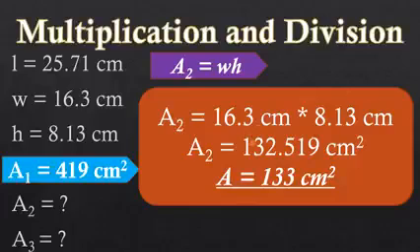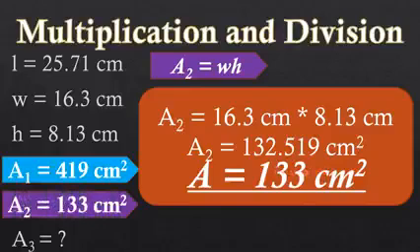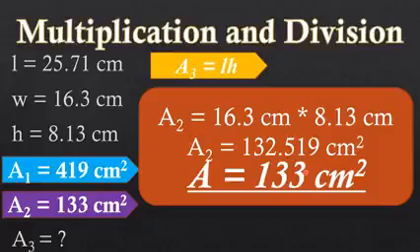We get a product of 132.519 square centimeters. Again, yung magiging final product must contain 3 significant figures lang. Okay, so final answer for the second area is 133 square centimeters. So this is our second surface area.